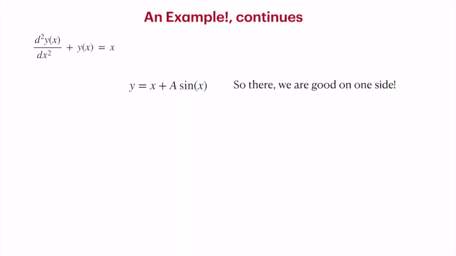You know that sin x is 0 at x is equal to 0, and x is also 0 at x is equal to 0. We ignore the cos term because the cos term is not 0 at x is equal to 0, and the one-sided boundary condition is easily satisfied with the solution y is equal to x plus a sin x. Now all we need to find is a such that the boundary condition is satisfied at x is equal to 1.